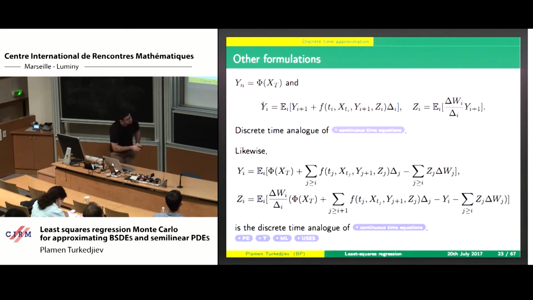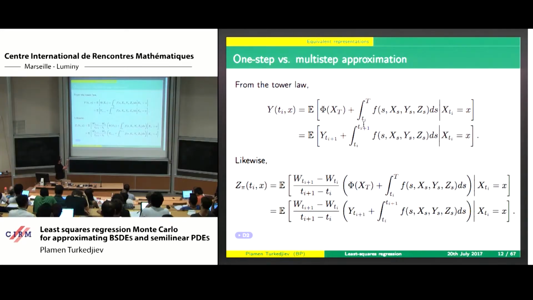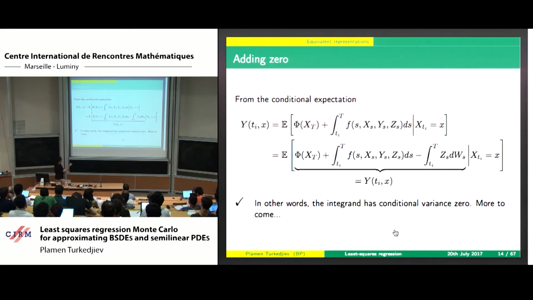So this first set of equations here, if you recall, we already saw its continuous time version earlier. And the second set of equations, we also already saw their continuous time version.